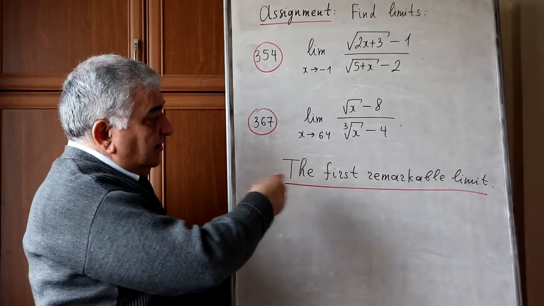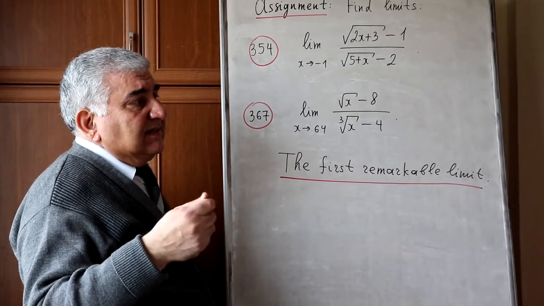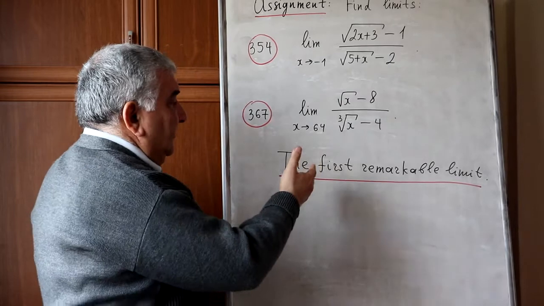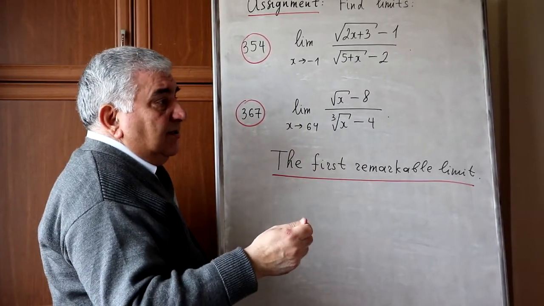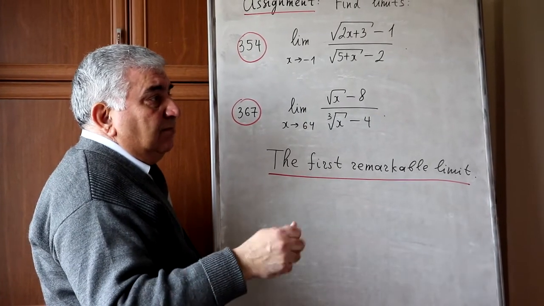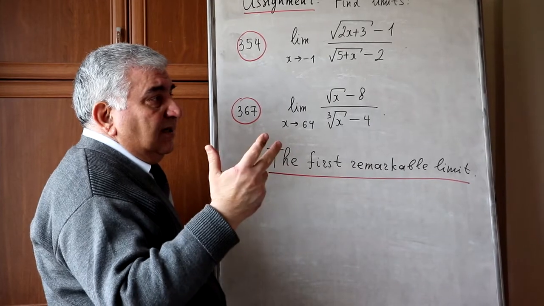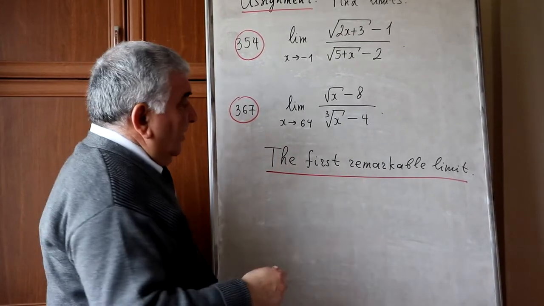In Azeri, this term has six translations. Birinci görkemli limit, birinci mühim limit, birinci maraqlı limit, birinci məşhur limit, birinci qəribə limit, birinci əntiqə limit.